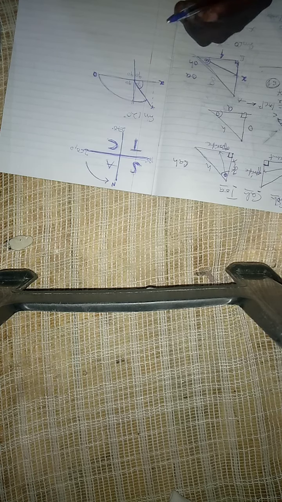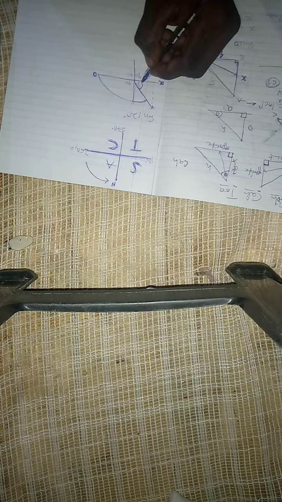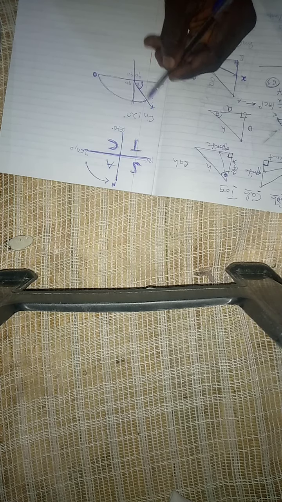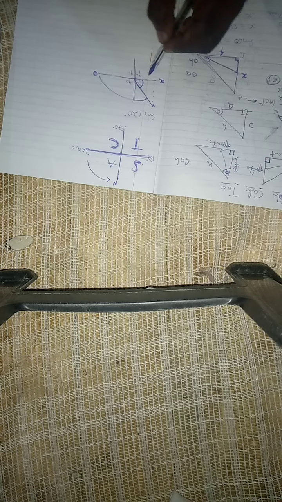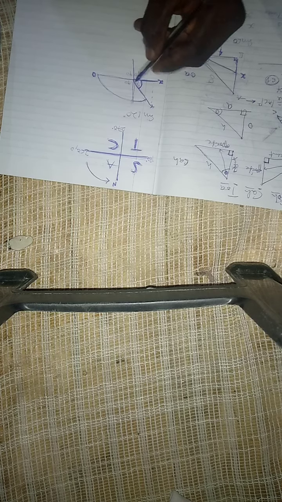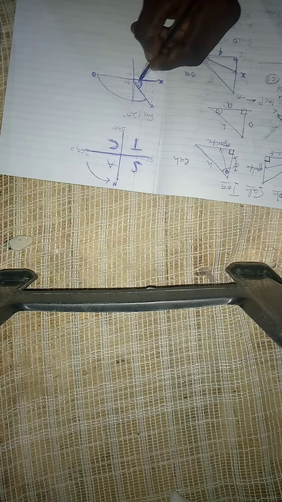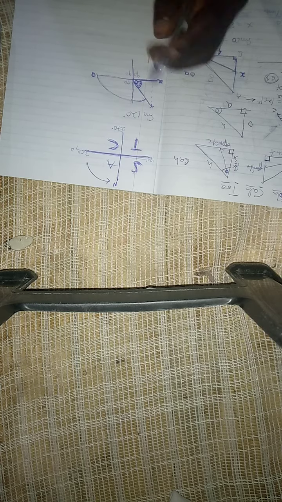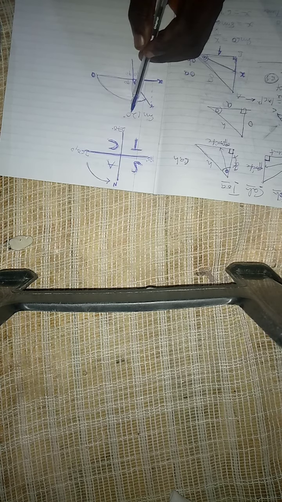Then you say, what is the angle left, the angle that the radius, this line, forms with the x-axis. So the remaining here is 60 degrees.